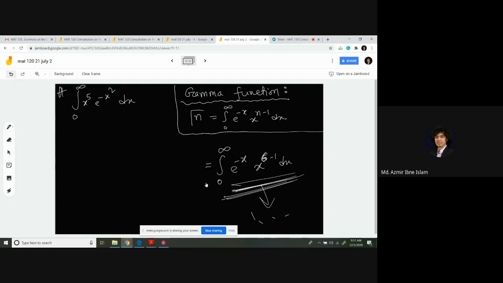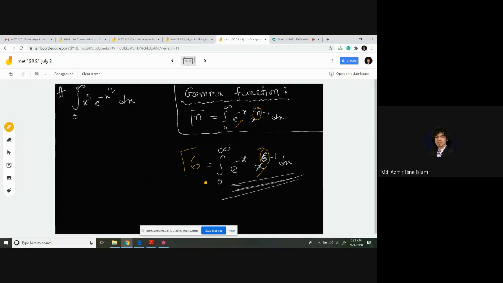Since we now have the gamma function, we can directly say the result. Here we have e to the power negative x with x to the power n minus 1, that is 6 minus 1. So the answer will be gamma n, so gamma 6.